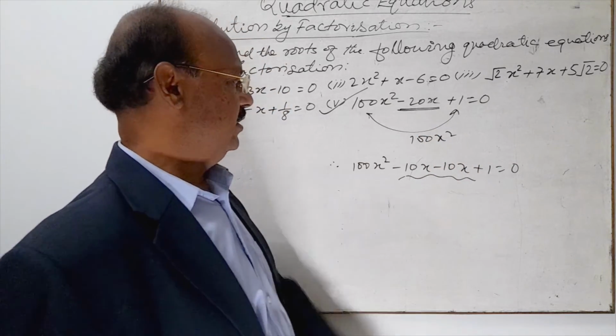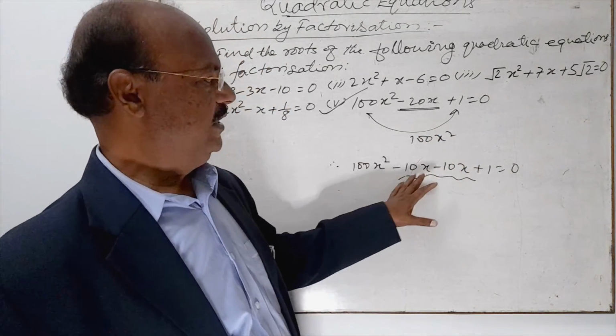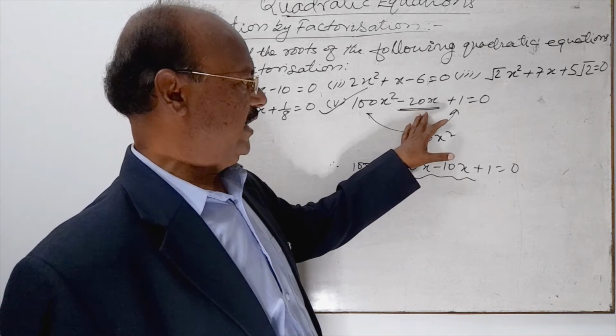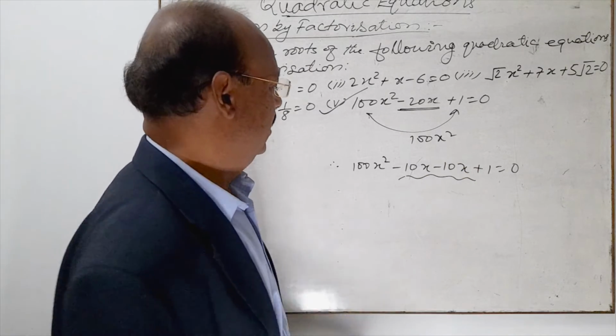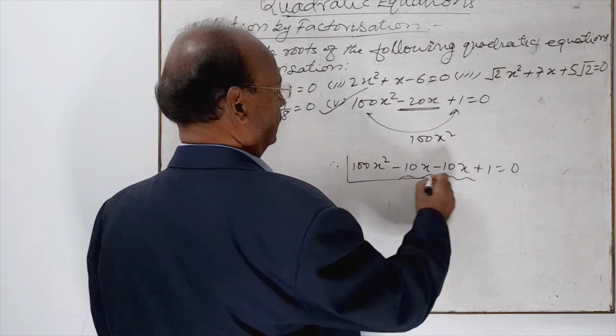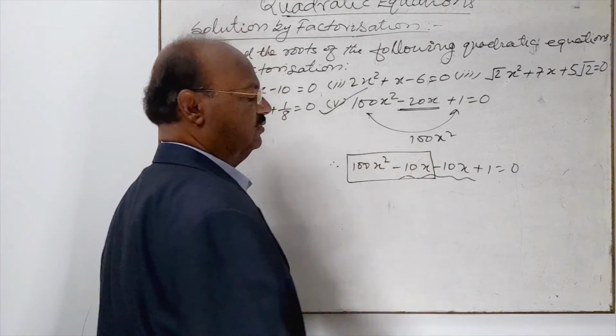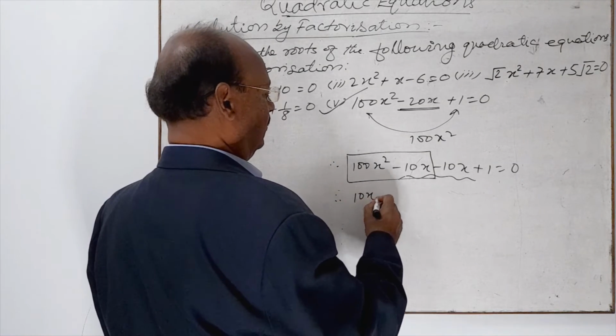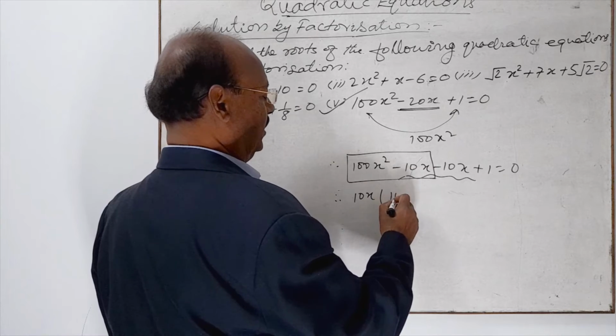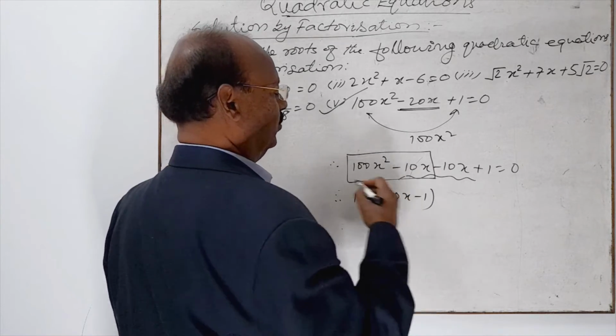That is required here. So after splitting this middle term minus 20x into these two parts, into minus 10x, in the next step we'll take some common from the first two terms. So here you can take 10x common, remaining part will be 10x and minus 1.